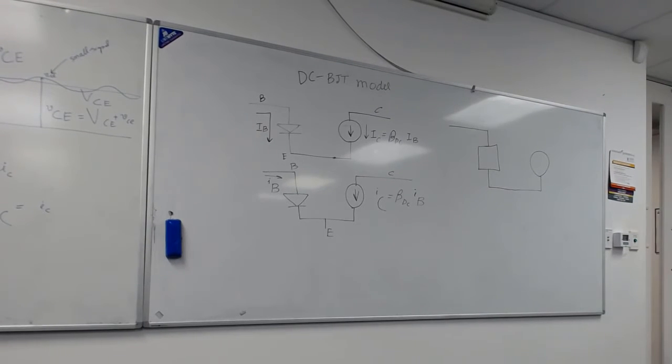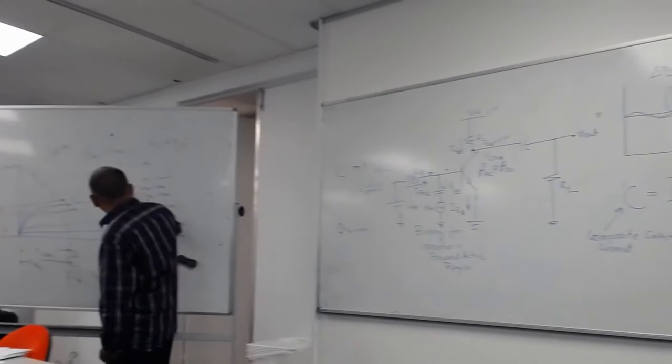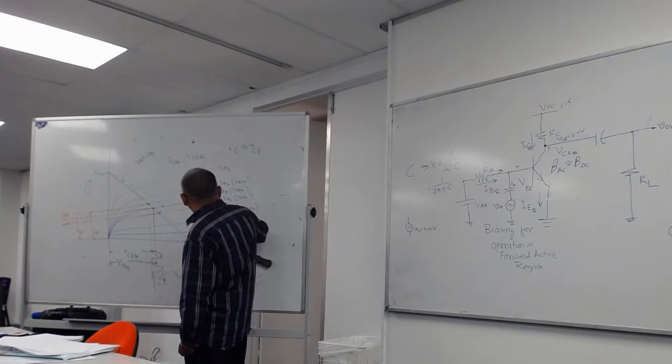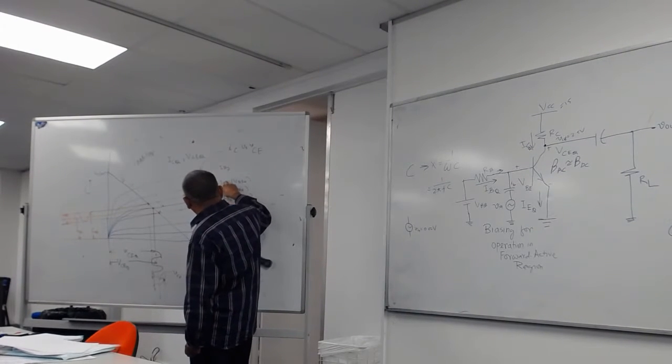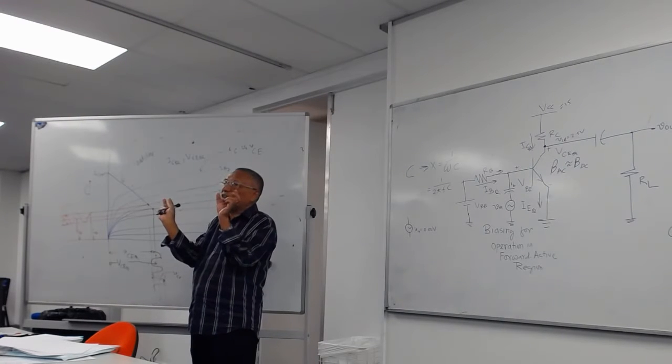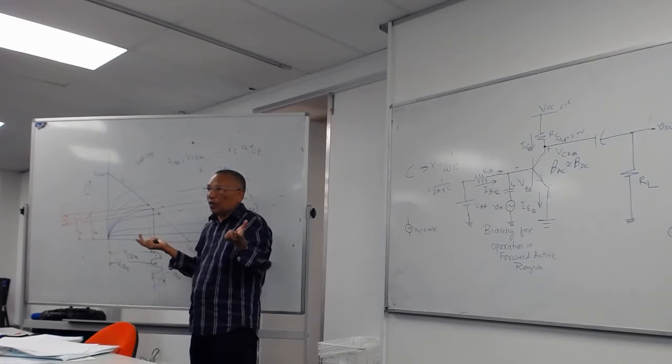That means for a given change, if you change the base current from this value to this value, the collector current changes from here to here. If you change the base current from here to here, the collector current changes from here to here. And those ratios of change are exactly the same as the DC.